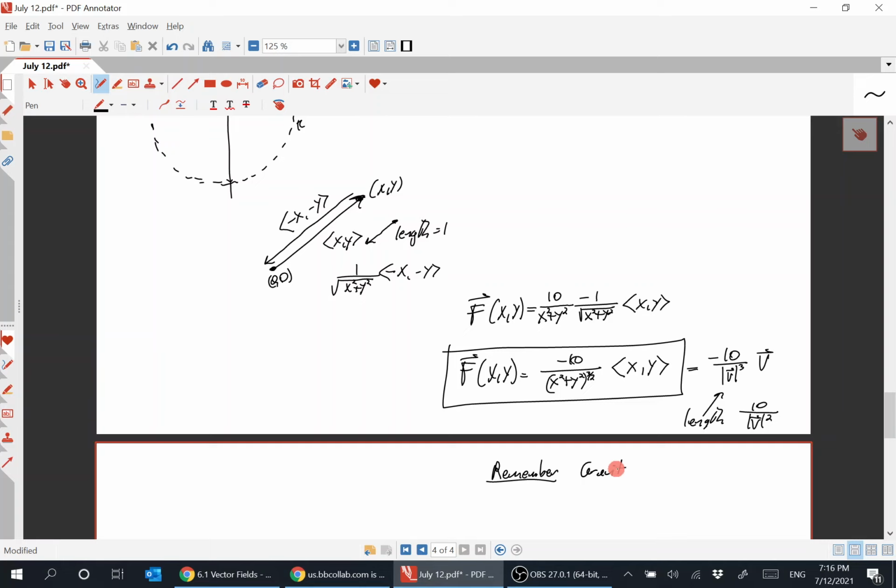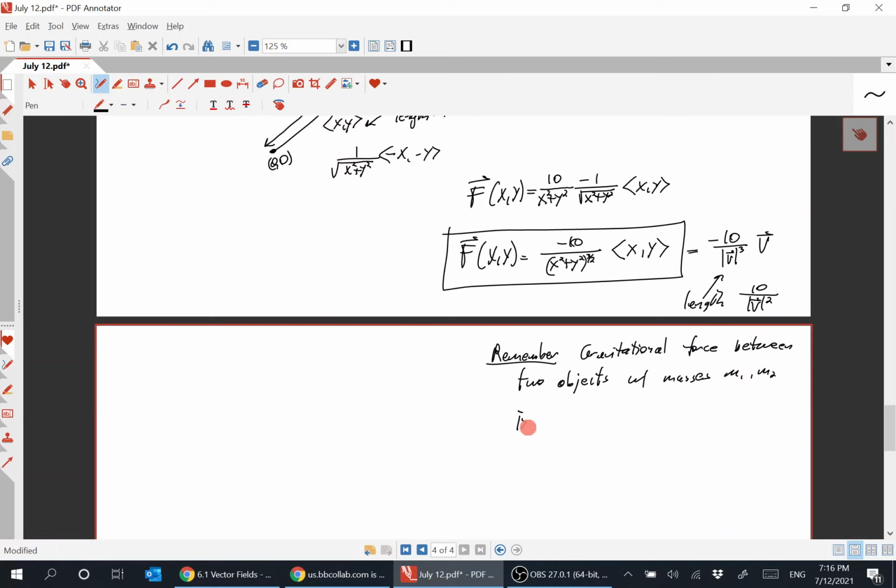So the gravitational force between two objects with masses m1 and m2 is, right, the force is equal to G, which is this gravitational constant, G m1 m2 over r squared, where r is the distance between them.